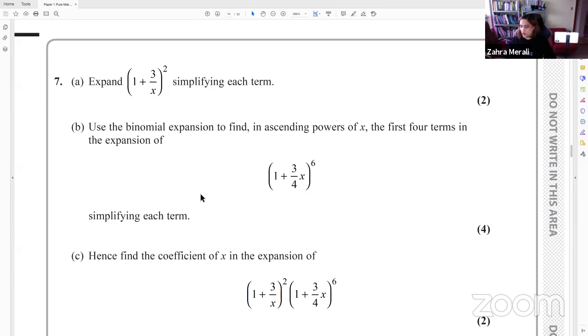Now, in your formula sheets that you'll get given, and I'm going to write it exactly as it's given in a formula sheet. Sorry, just leaning over to grab a formula sheet.